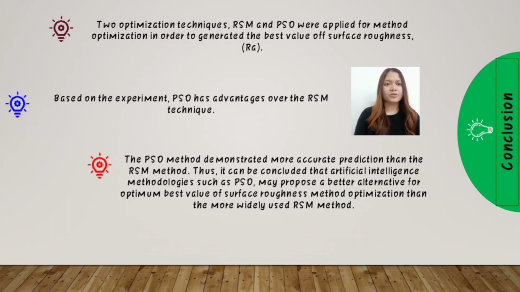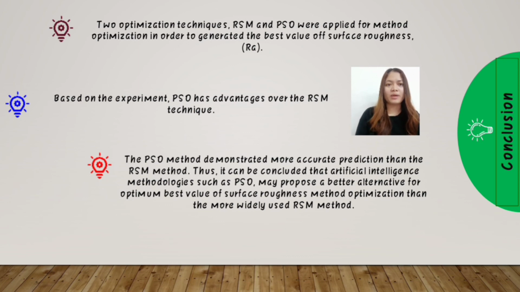Lastly is the conclusion. Two optimization techniques, RSM and PSO, were applied for method optimization in order to generate the best value of surface roughness, Ra. Based on the experiment in this study, PSO has advantages over the RSM technique.